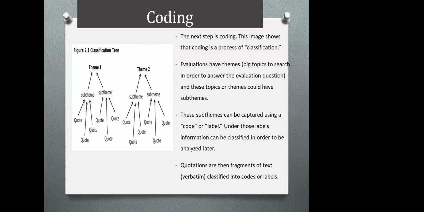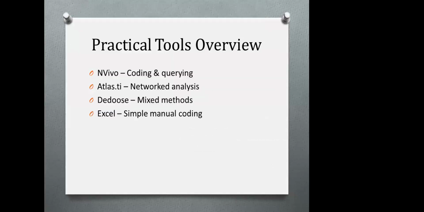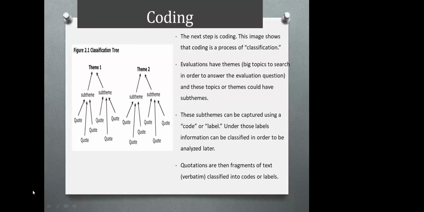So these sub-themes can be captured using a code or a label, as we mentioned. Under those labels, information can be classified in order to be analyzed later. And then of course you have the quotations, and these are verbatim, because the quotations you do not change.